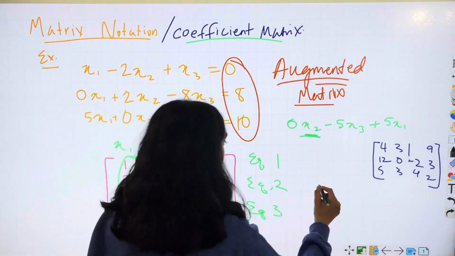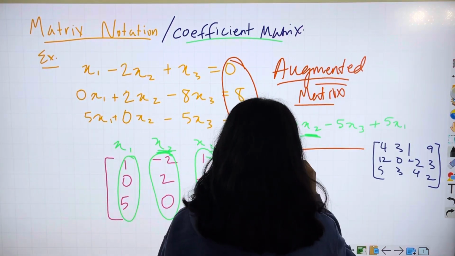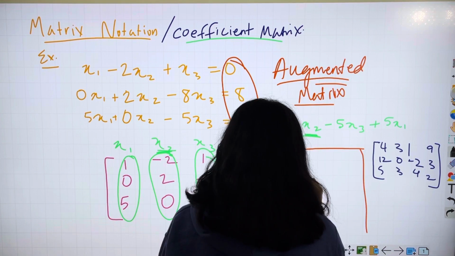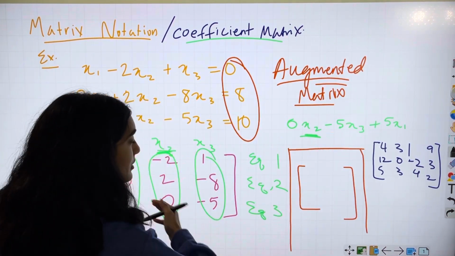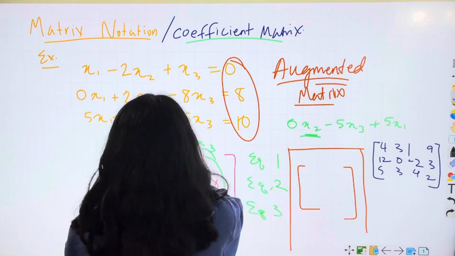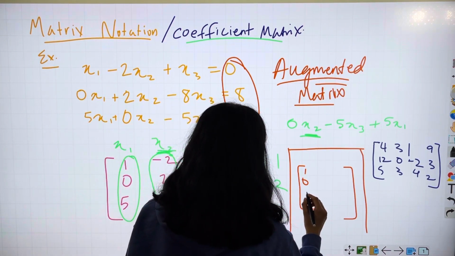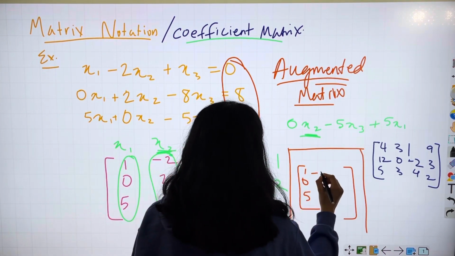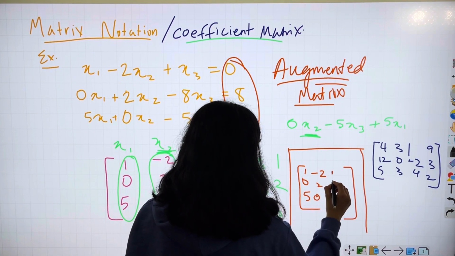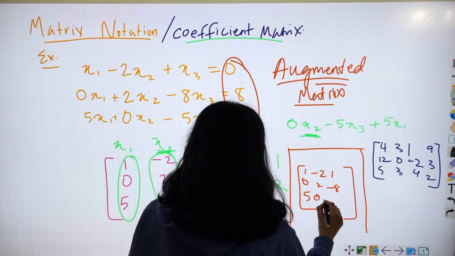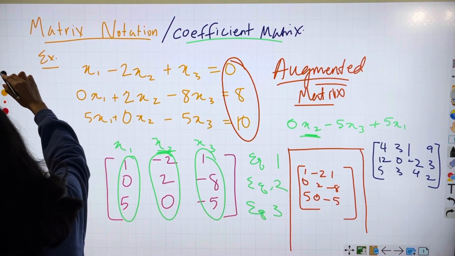But what is the augmented matrix? The augmented matrix is just the same thing. Just putting it in a box so that you don't get confused. But it's just 1, 0, 5. The same matrix. And the only thing that we're adding is the constants.